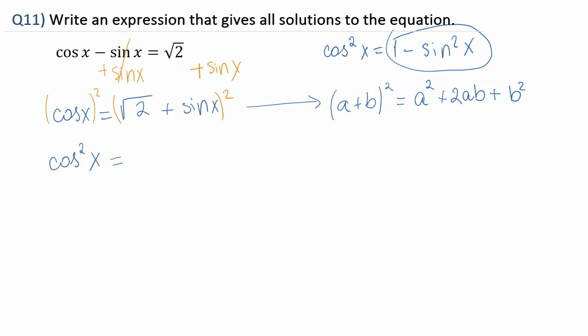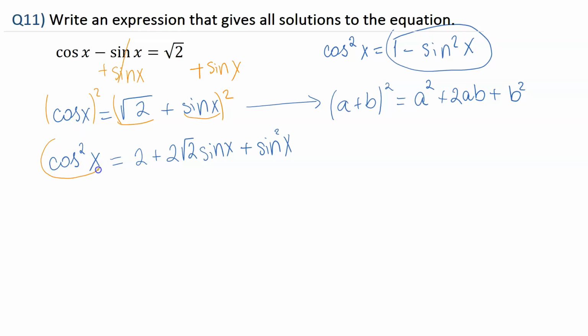The first term is radical 2. The second term is sine x. So radical 2 squared is 2 plus twice the product of the first term and the second term plus the second term squared, sine squared x.